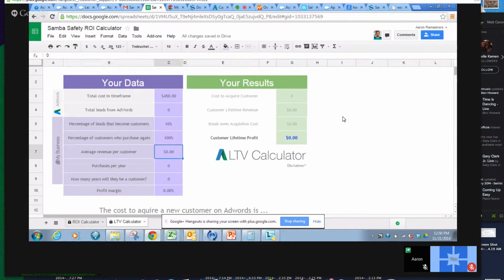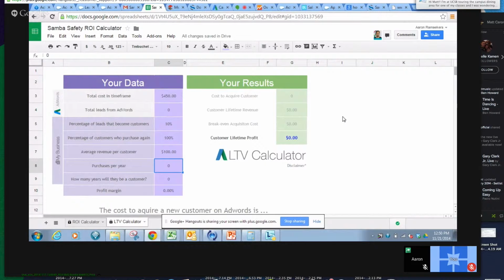Think of it monthly for your case. So each actual purchase, and then we're going to talk about purchases per year next and how many years they'd be a customer. So this would be just that one-time buy, and then we'll do recurring in a second. Okay, so we'll just say if it's like 50 drivers, we'll just call it $100. Okay. And then just for now. Yep, and you can remain conservative with these estimates to make sure that when you do shoot for a lead goal, that's a conservative goal that you're really trying to shoot for.